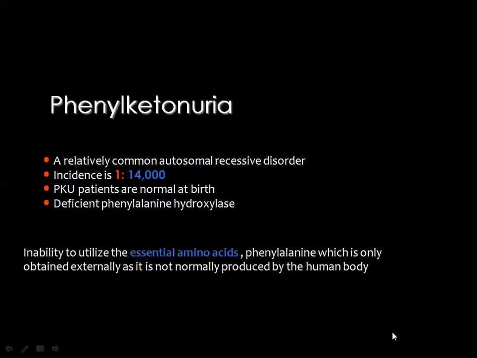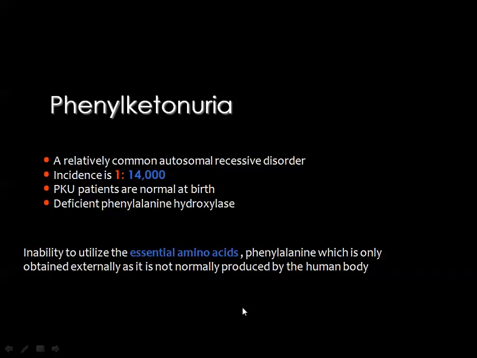Starting with phenylketonuria, this is an autosomal recessive disorder, and the incidence is 1 in 14,000, which is considered a relatively common disorder. The patients are usually normal at birth, and there is an enzyme deficiency which leads to inability to utilize some of the essential amino acids.